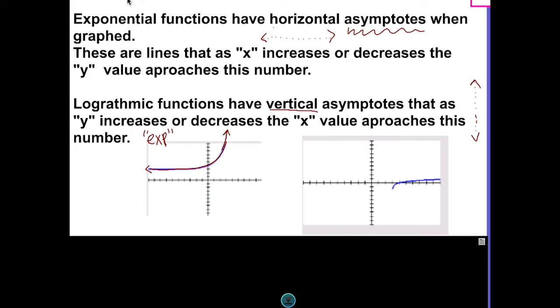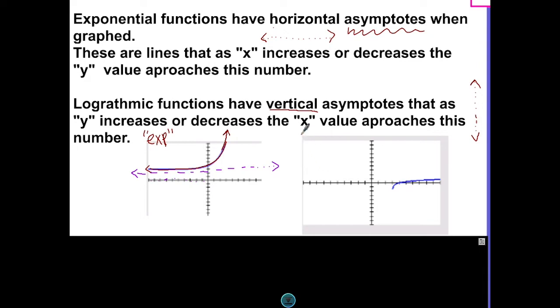And I'm going to graph what the asymptote is going to be and where it's going to be. So it's going to be this horizontal line somewhere where, as the x decreases, the y value approaches it.